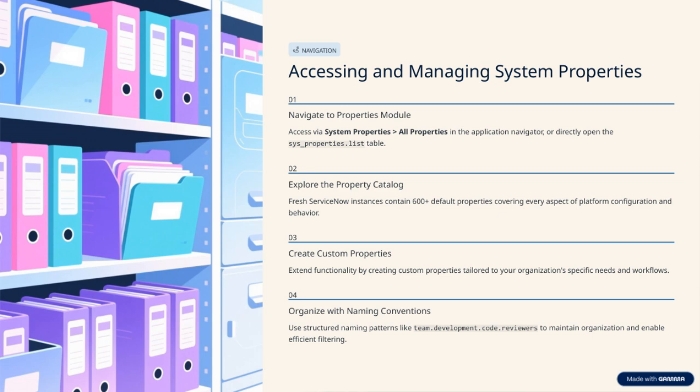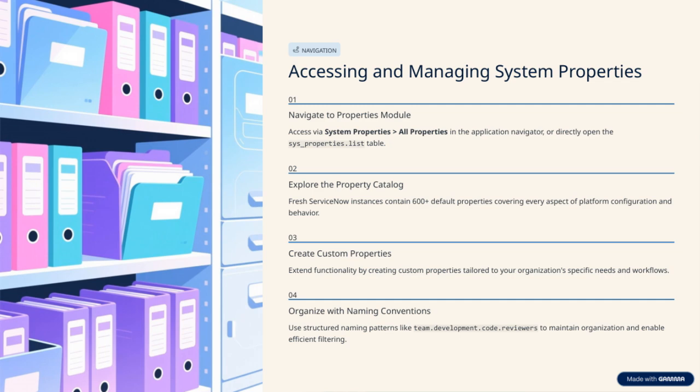To access these properties, you can go through the System Properties menu, then select all properties in the Application Navigator. Alternatively, you can directly open the Sys Properties list table for quick access. This navigation is straightforward and centralizes your management of system settings.